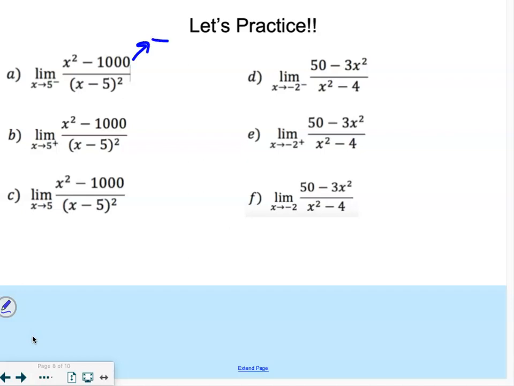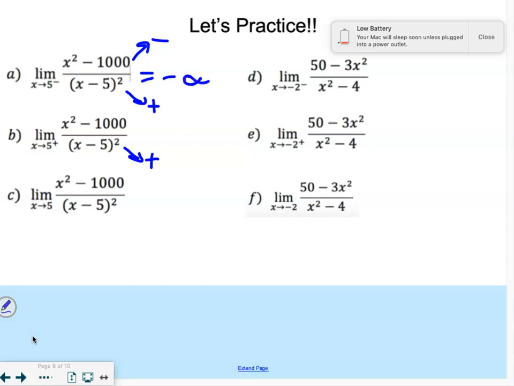Negative, because you're subtracting 1,000, right? What about on the bottom? Positive. What do we know about the bottom? It's always positive. Why? Because it's being squared, right? Positive or 0, but in this case, it'll always be positive. So Nitty, what's negative over positive? Negative. So this guy's negative infinity.